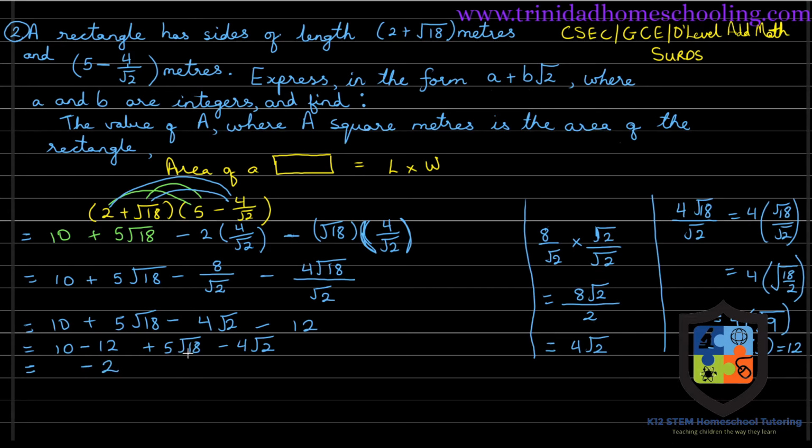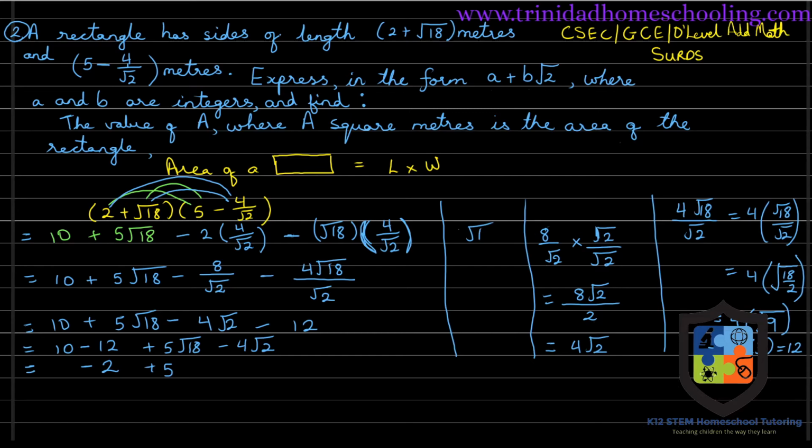Now look at this root of 18 here. We need to have the root of 2 alone in our final form. So I'm going to drop another working column here, trying to get everything on one page for you to see. Let's leave that 5 there. We want to deal with this root of 18.